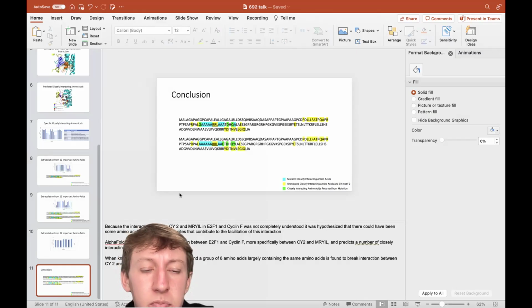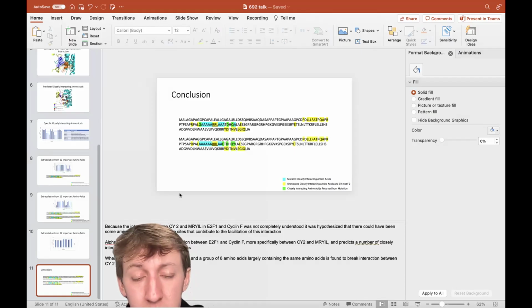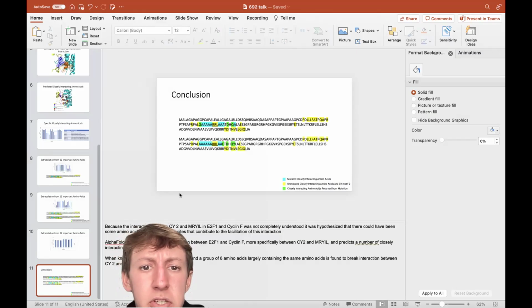And now having a better understanding of what might be happening between these two proteins and in this interaction, this can then be tested in the lab setting.